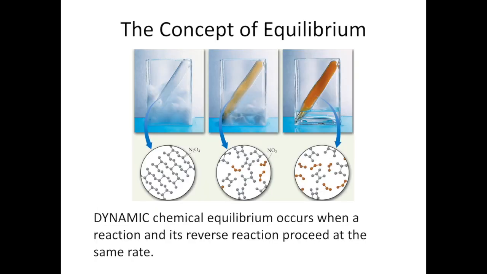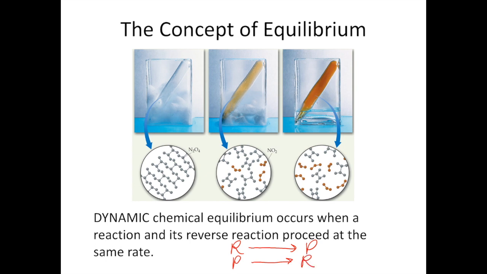All right, so what is equilibrium? Equilibrium is when you have a reaction happening in the forward direction. So you have a reaction that proceeds forward, right? From reactants to products. But that reaction can also turn around and go backward from products to reactants.